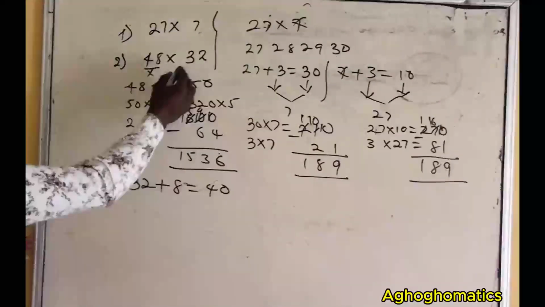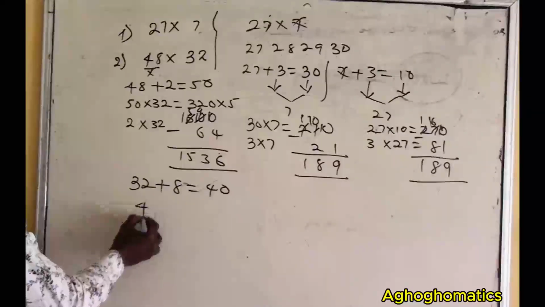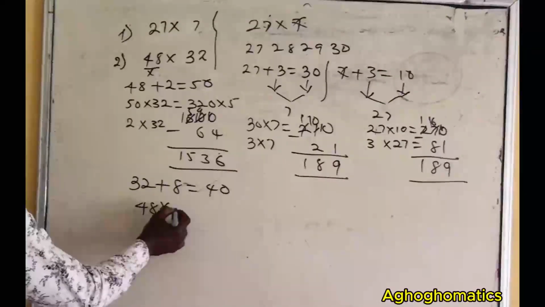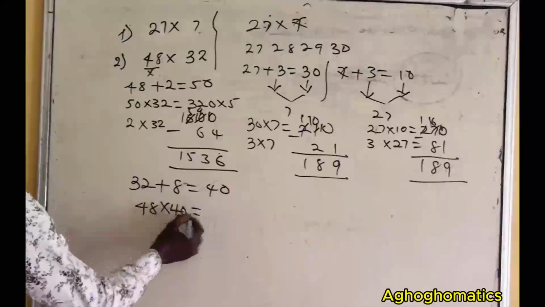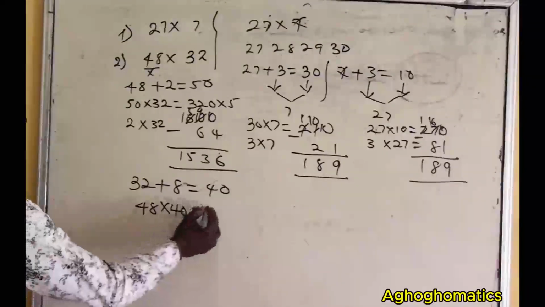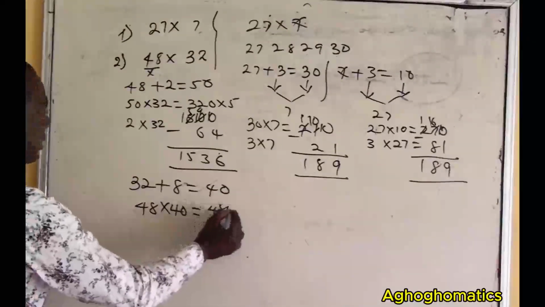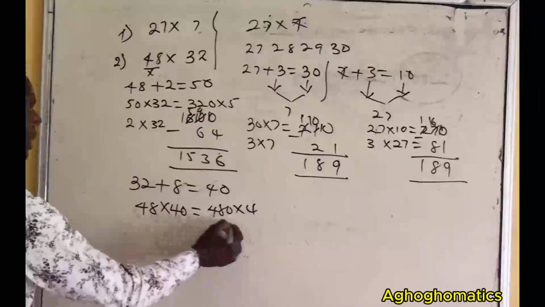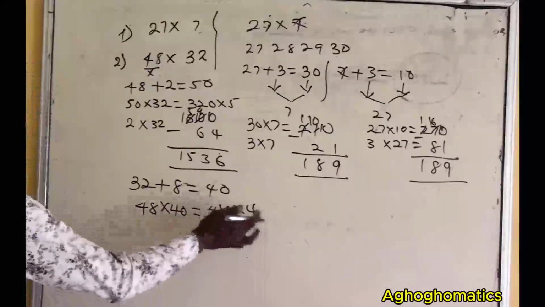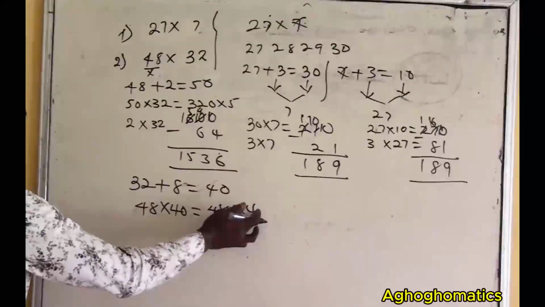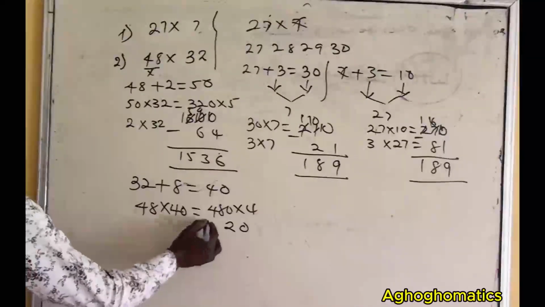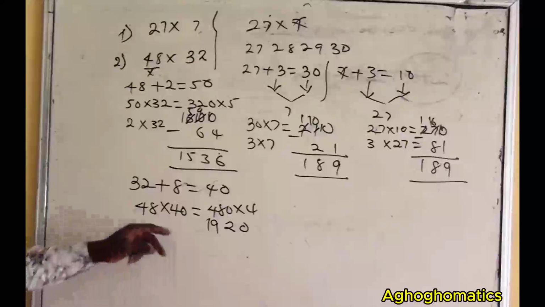In that case, we are not using 32 again, so we're going to say 48 times 40. That will give 4 times 0, 0. 4 times 8 is 32, write 2, carry 3. 4 times 4, 16 plus 3, we have 1920.